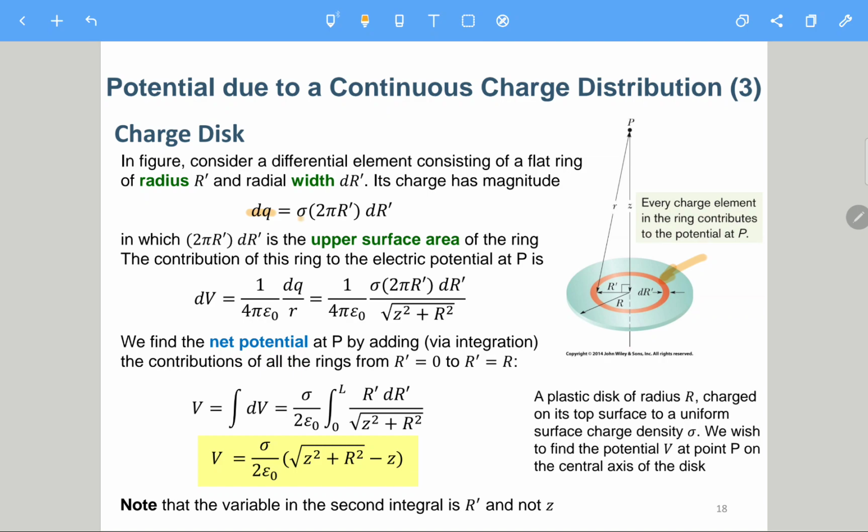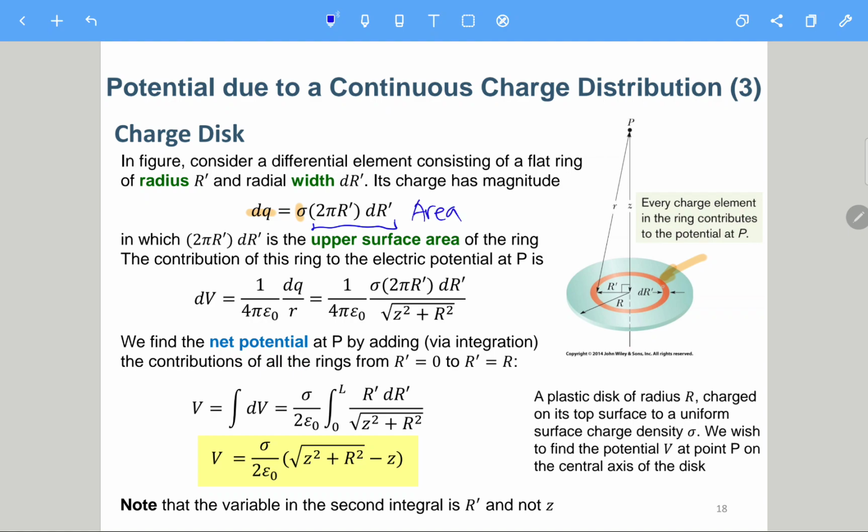Sigma is the surface charge density, and this one is the area.